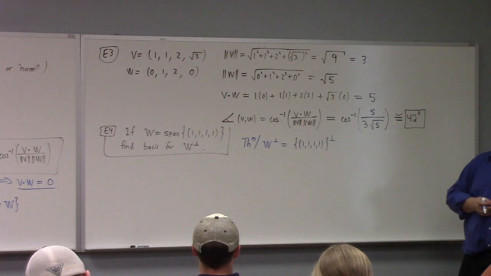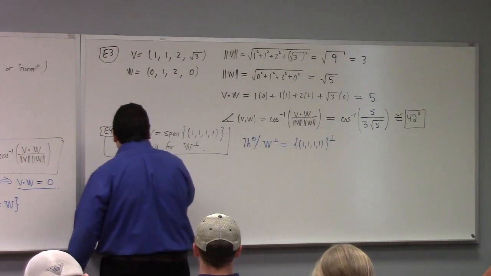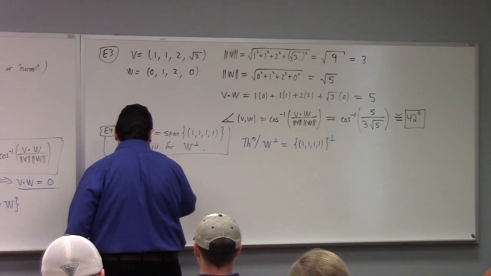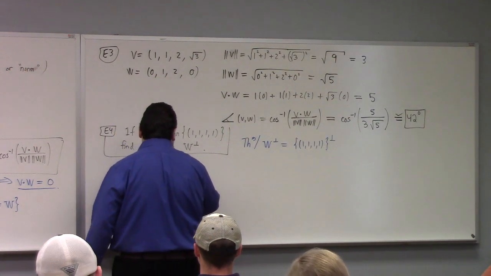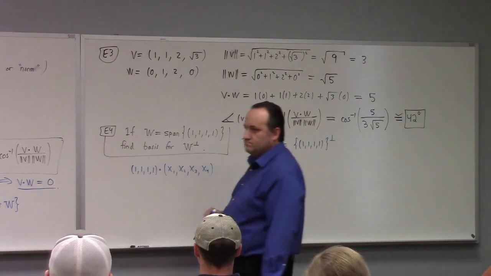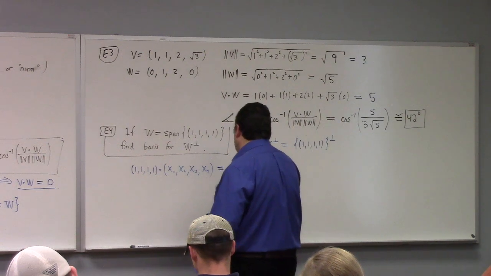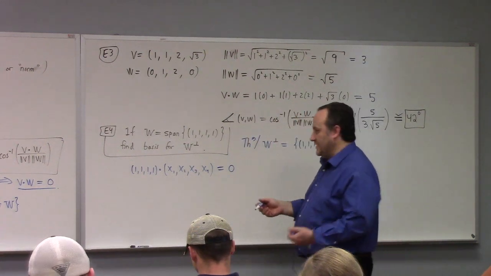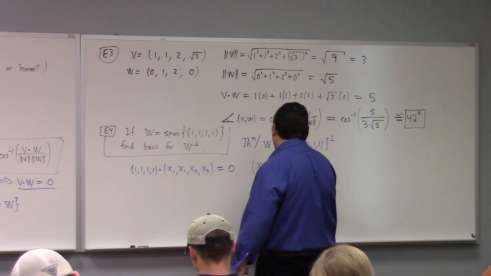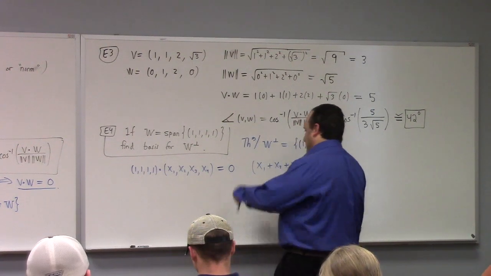All right, so what equation are we up against? We're trying to solve the equation 1, 1, 1, 1 dot with x1, x2, x3, x4 equal to 0. Also known as x1 plus x2 plus x3 plus x4 equals 0.